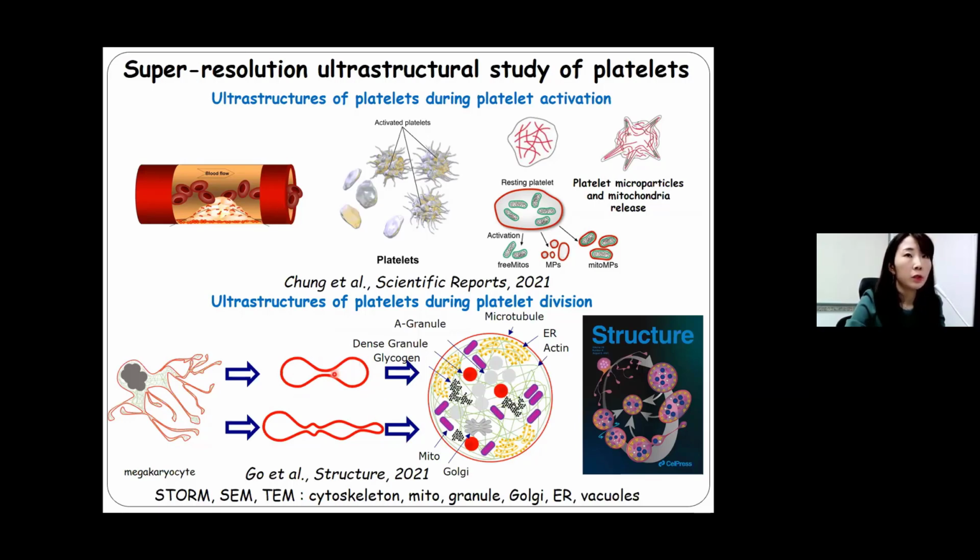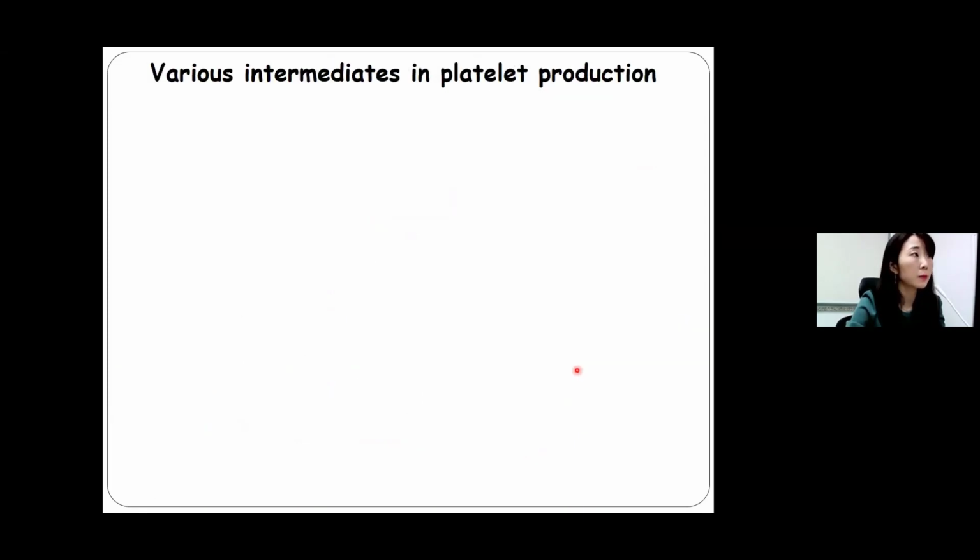So we try to understand the ultrastructure changes of platelet during this process by observing various platelet intermediates. So this work was selected as the cover article in Structure this year.